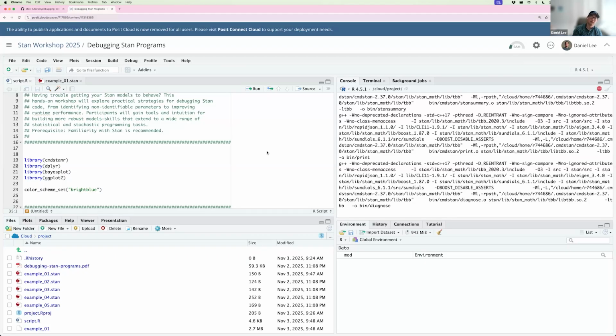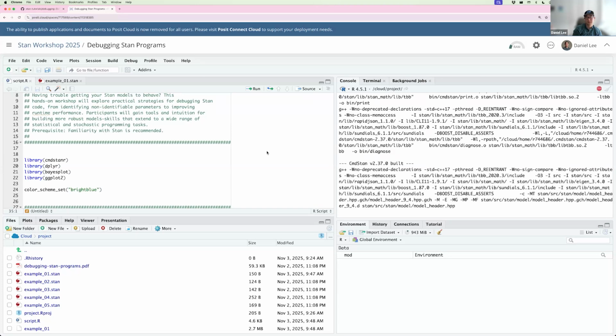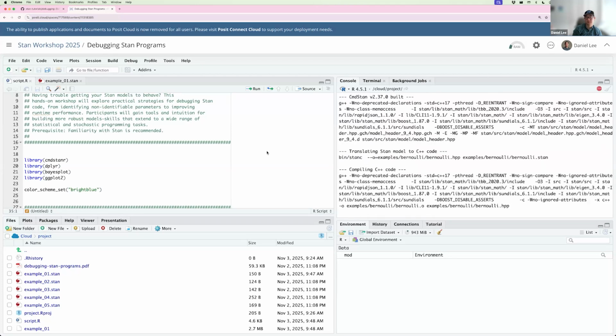It's not threading at a granular level. So it's trying to split the computation of the log prob across. And if that computation is really fast, you're going to eat a lot of overhead. The time's going to go into overhead.